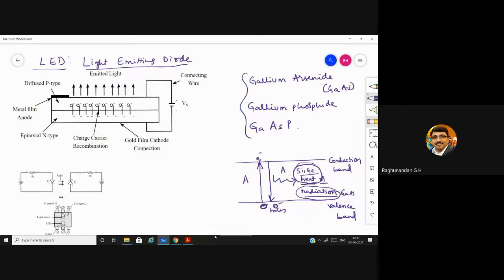Now coming back to the construction. In the LED, we again have a P layer and an N layer. The P layer will be at the top and the N layer at the bottom. It is an epitaxial N layer, and this is the diffused P layer.